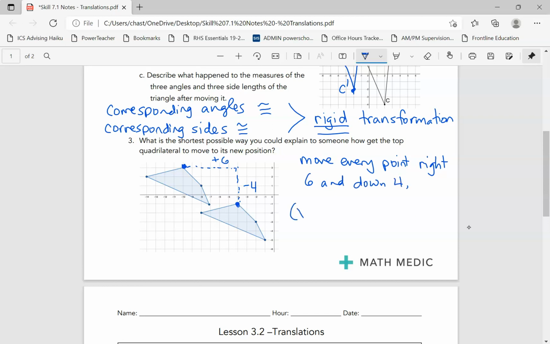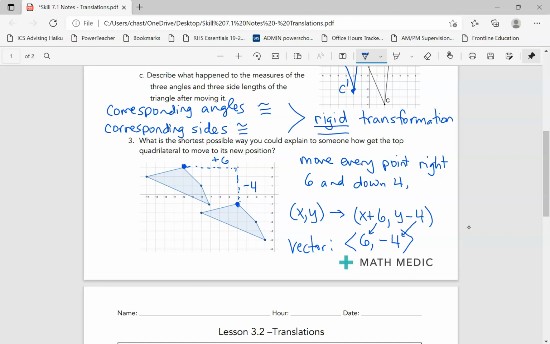We could say that (x, y) maps to (x + 6, y - 4). It's x plus 6 because we're moving in the x direction 6 units to the right, and y minus 4 because we're taking our y values and going down 4. Now as a vector, you could write this as <6, -4>, where the 6 and the -4 are those numbers there.